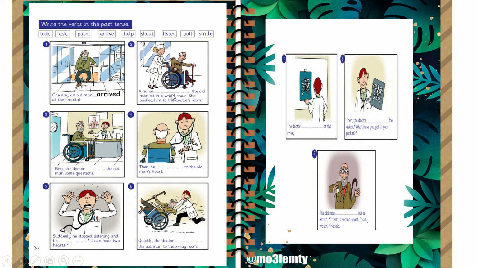Well done. Number 2, a nurse. The old man sat in a wheelchair. She pushed him to the doctor's room. Okay, so a nurse, what is she doing? Helped, well done, helped the old man. Excellent. Number 3, first the doctor asked the old man some questions.